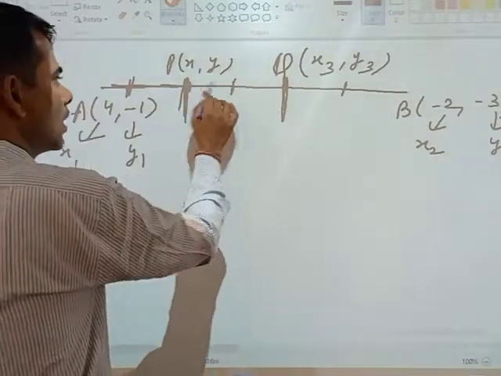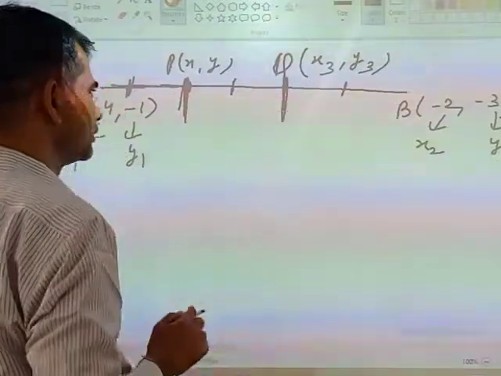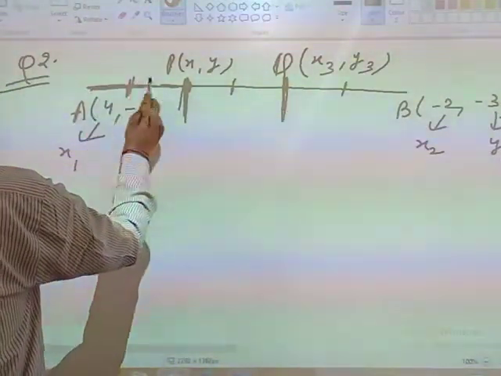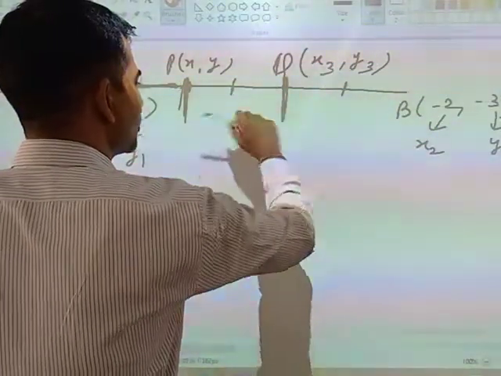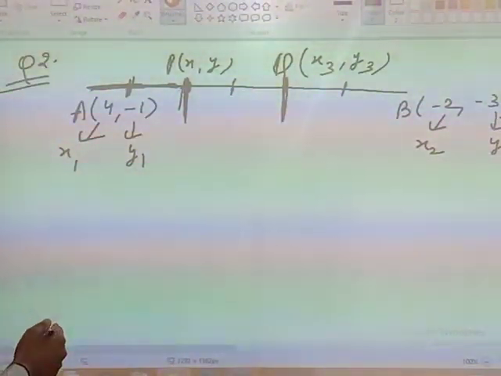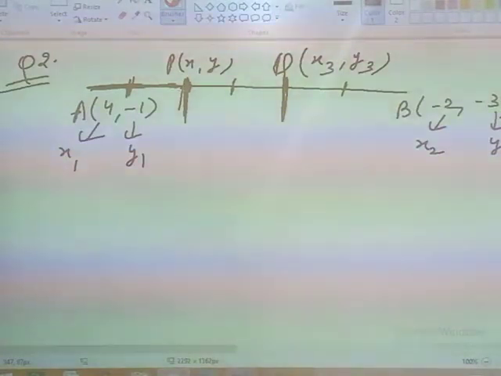It is 1, 1 and 1. This is your one part, and PQ and QB make two parts. So the ratio of point P with respect to AB is 1:2. Any doubt, any problems?